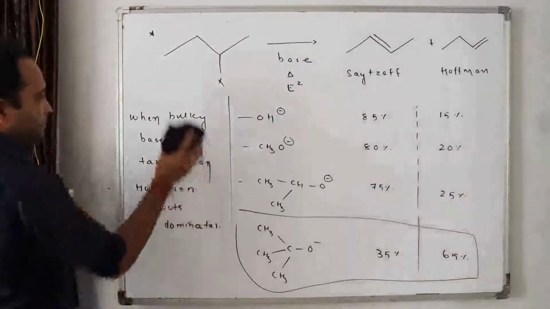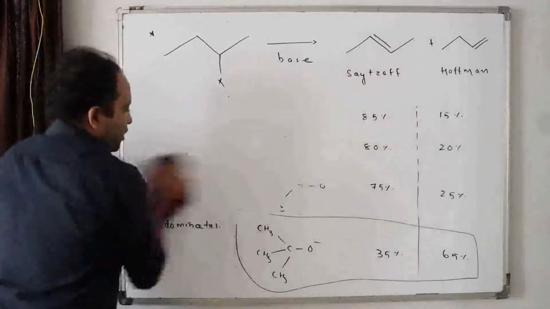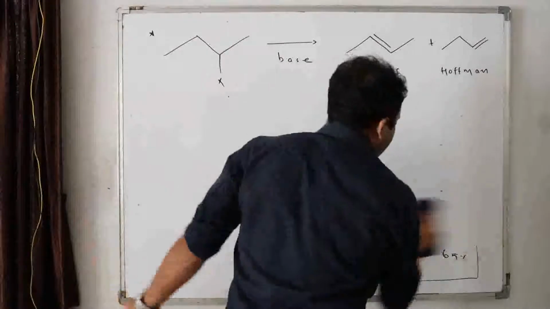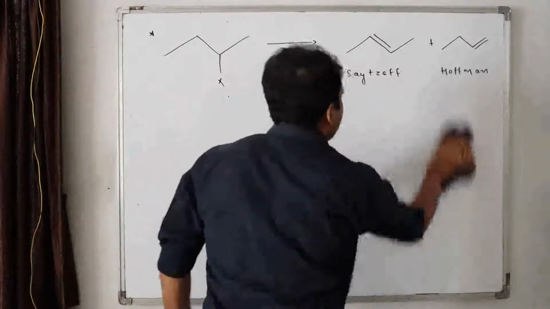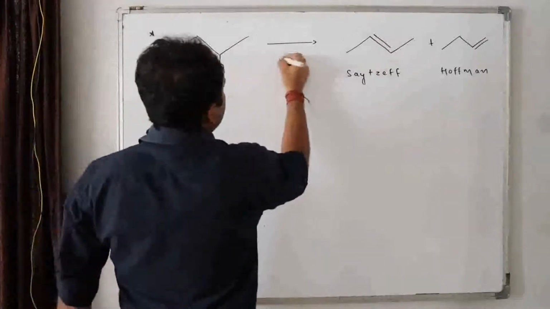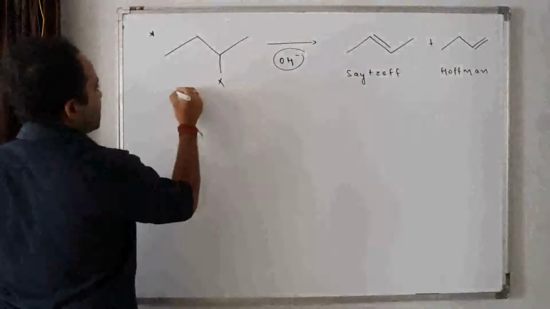Now, if I take a base OH minus, this is also an experimental analysis, not the exact values. Let us take the analysis of the leaving group.